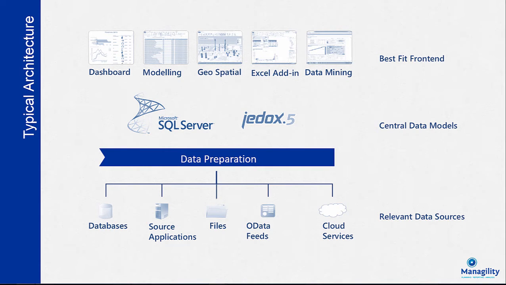The typical architecture or the approach that we are using will be based on the customer requirements. We typically look at those and then make a recommendation on what technologies we recommend.